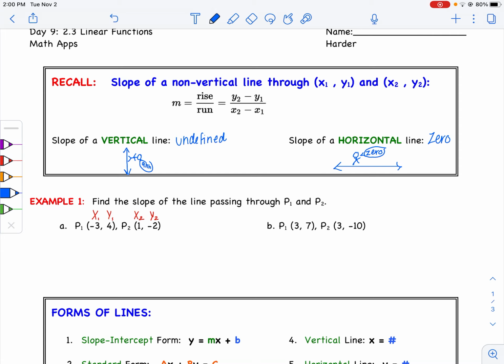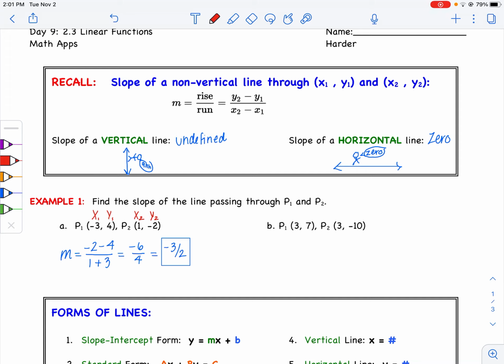So the slope would be -2 minus 4 over 1 minus -3, so you add 3, be -6 over 4. Always simplify if you can to -3 over 2. So if I graphed those 2 points, the difference would go down 3 to the right 2.